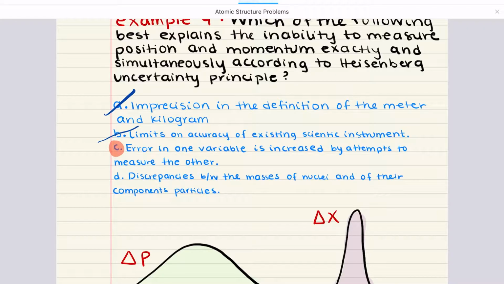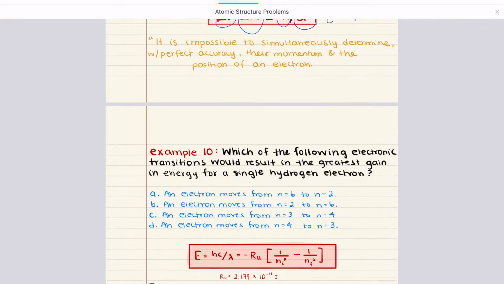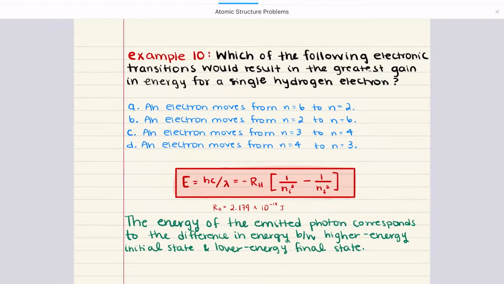D says discrepancies between the masses of nuclei and of their component particles. Now, this option is incorrect because it tries to relate the nuclear mass and binding energy rather than relating back to the uncertainty principle. So D is also incorrect. The correct answer for 9, again, is going to be answer choice C. Let's go ahead and move into problem 10.